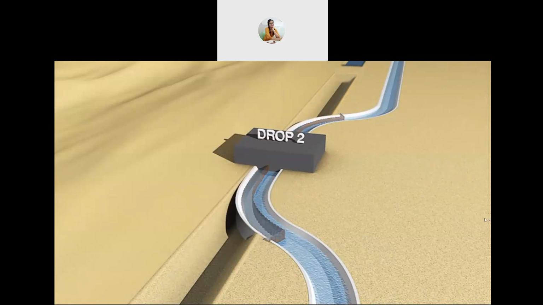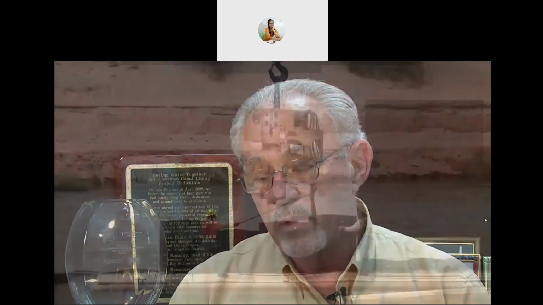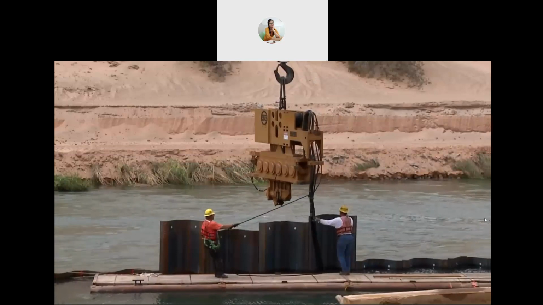And that was a very interesting thing to watch and to see, but we were able to do it because we had 6 or 7 of these situations that we had to do this, and had some difficulties, but we were able to work through those things, and we were able to get it done and not interrupt the water flow.